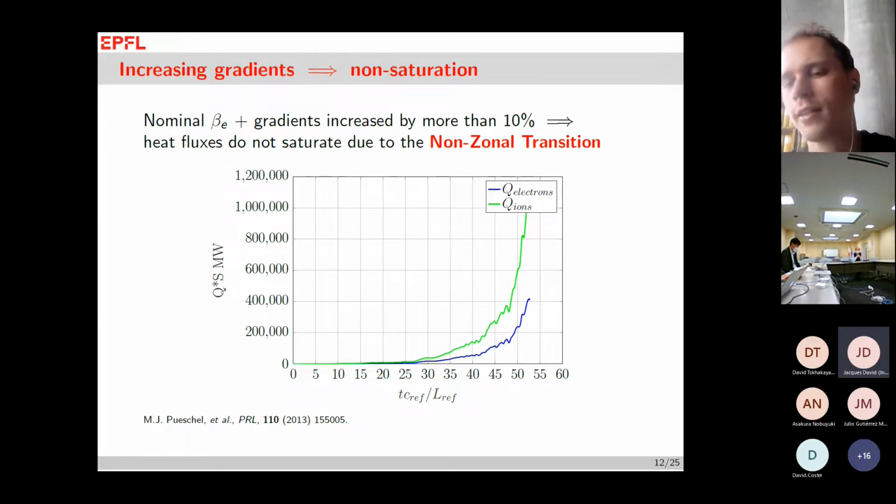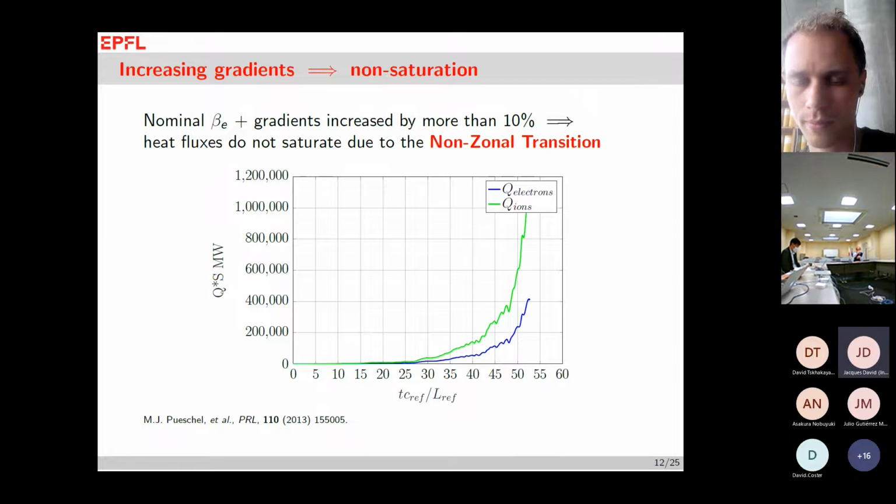It is due to the fact that the zonal modes are not able to saturate the ITG. So we have a lot of ITG turbulence here, and once you have this NZT, the non-zonal transition, if you keep a large value of beta and a large value of the gradients, the zonal modes simply cannot saturate the turbulence, and that leads to this runaway.